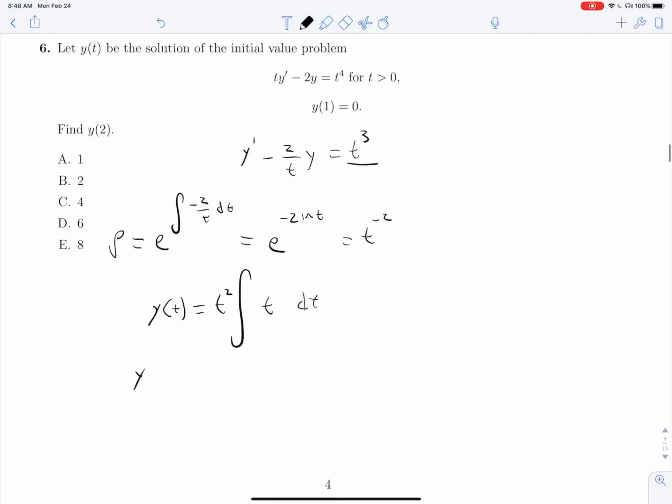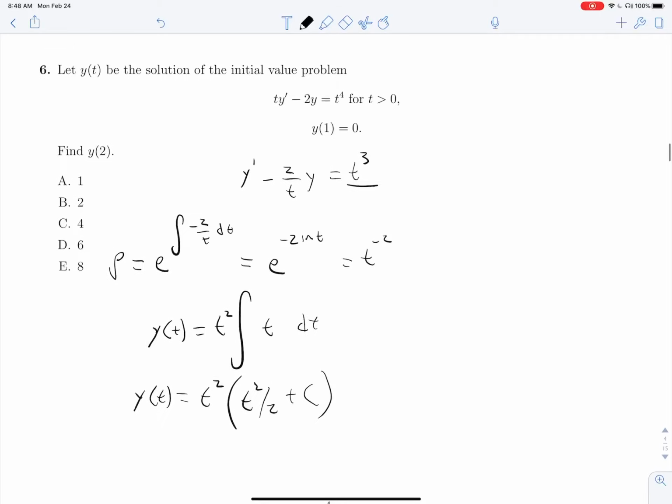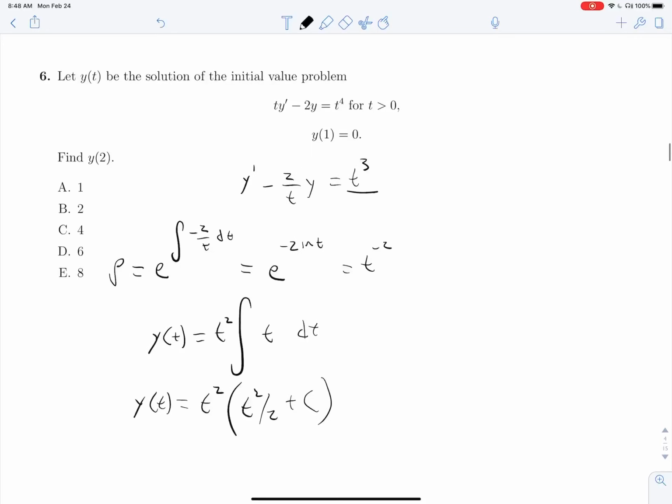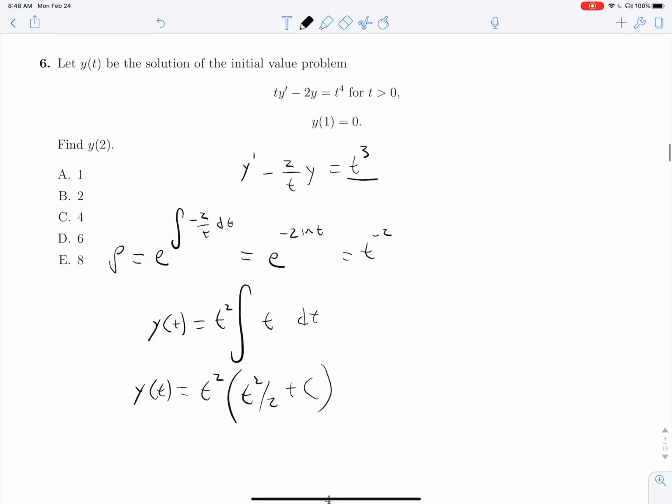Okay, we have y of t is equal to t squared times the quantity t squared over 2 plus c. We can fill in what this c is by applying our initial condition. We have 0 equals 1 times 1 over 2 plus c, and so c must be negative 1 over 2.